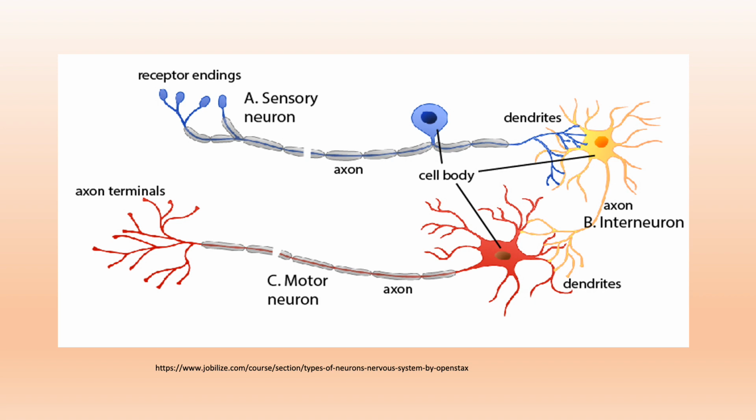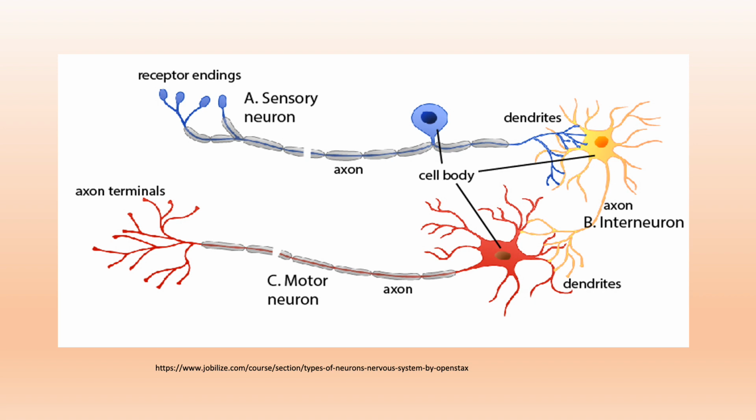Interneurons are found only in the central nervous system, connect one neuron to another, and integrate incoming signals to determine whether or not the information should be passed along. Motor neurons get information from other neurons and convey the commands to the muscle or another neuron or glands.